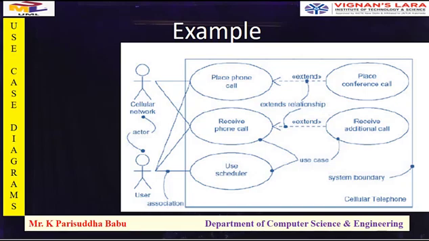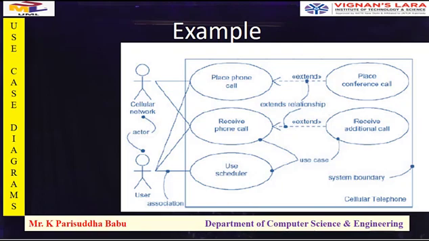See here, the extend relationship, a dependency, from place conference call to place phone call. In the previous class we have seen extend and include relationships. Both are dependency relationships used in a use case diagram.